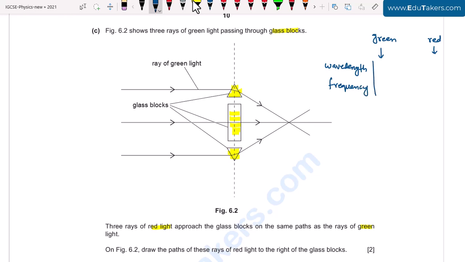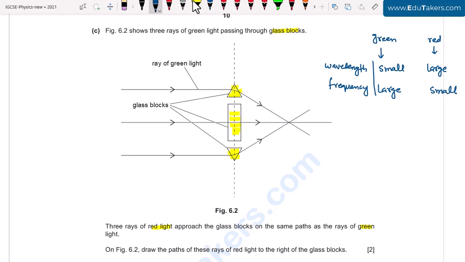Green light has small wavelength, but red has large wavelength. The frequency of green light is large, whereas red light has small.